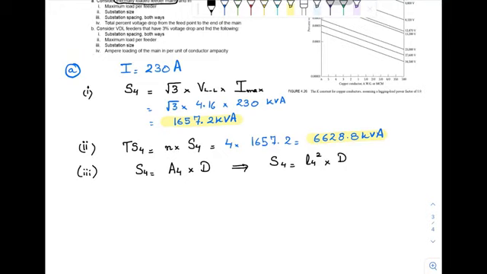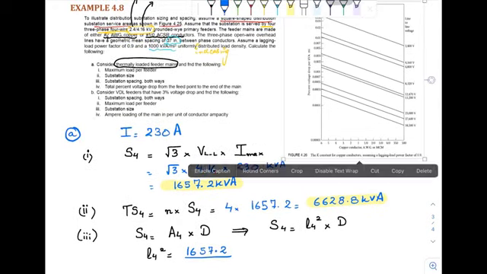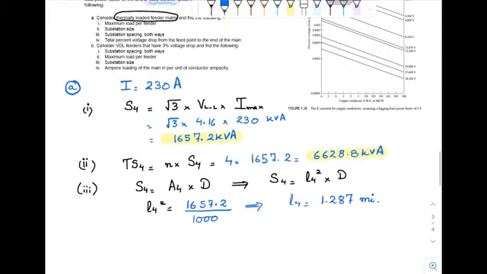So L4 square will be equal to S4 divided by D. Now what is the value of load density? This is the value of load density. So you can use this value over here, and this implies that L4 is equal to 1.287 miles. So this is the feeder length.